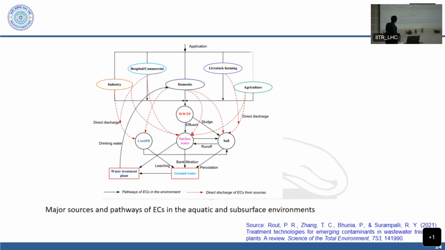From agriculture it comes to the surface water, and from surface water it goes to the groundwater. It also comes onto the soil, and domestic waste also comes onto the soil. There are also landfills, hospitals, and industry. Whatever waste comes from the industry is landfilled, and once water occurs from rainfall, it dissolves chemicals, leaches into the subsurface, goes to the groundwater, and affects the water quality.